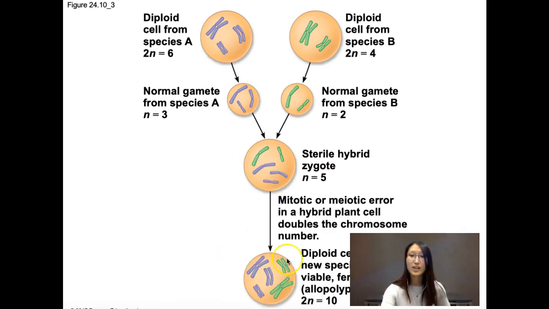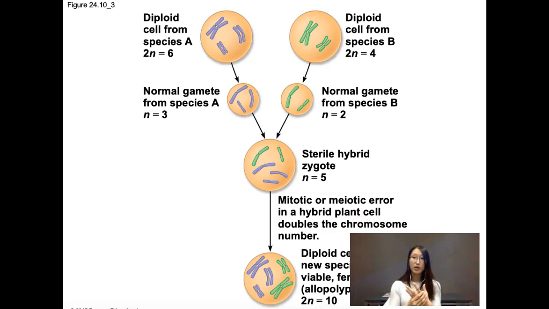In fact, we have 5 pairs of chromosomes, and now 2n equals 10, right? So this 2n equals 10 can then go through meiosis and produce n equals 5, and when you have n equals 5 cells combining together, you go back to 2n equals 10.